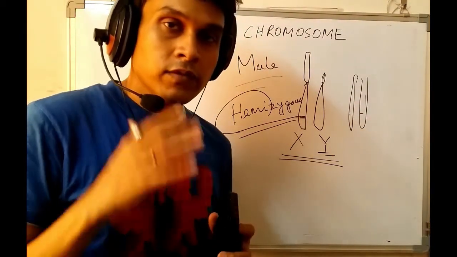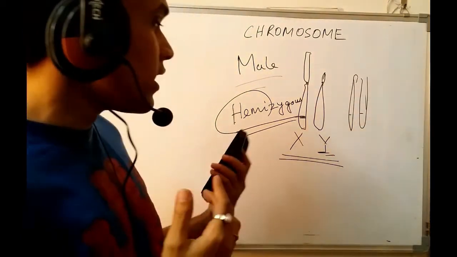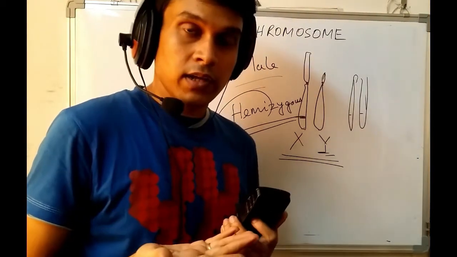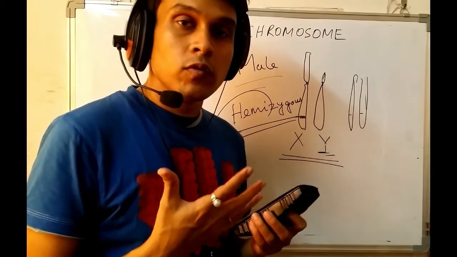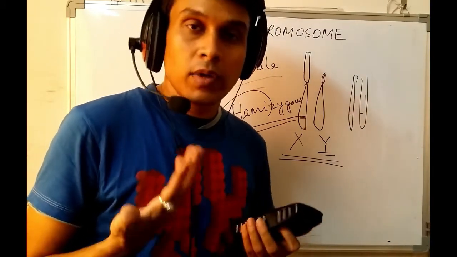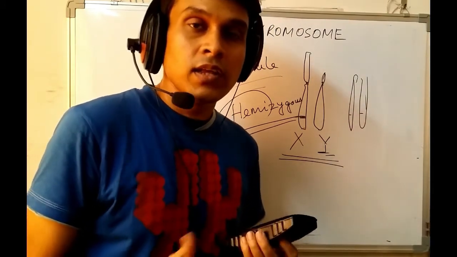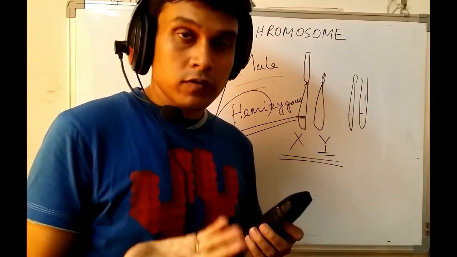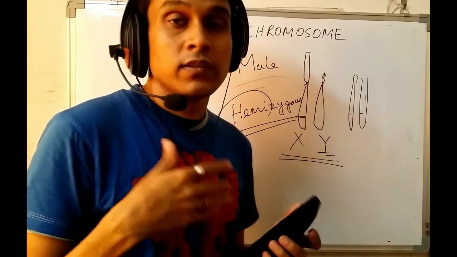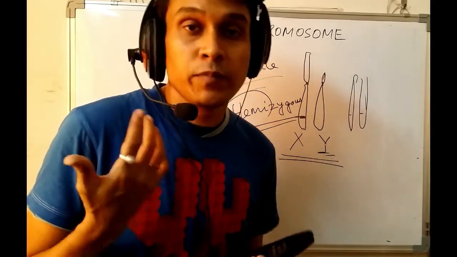So you now have the basic idea of what is hemizygous, homozygous, heterozygous, what is a homologous chromosome, and how the chromosome number is maintained in a cell after cell division. These are clear to you, and you also know what is a chromatid, what is the P arm and the Q arm, and how you can remember the P and Q arm.